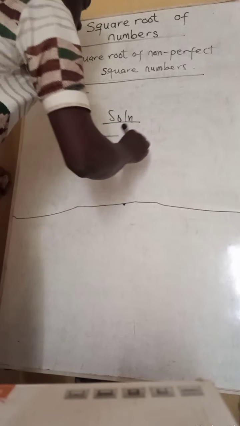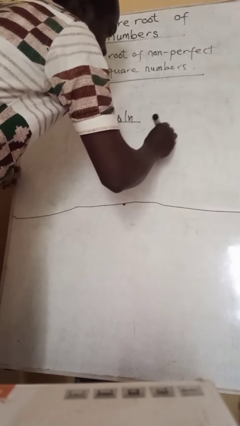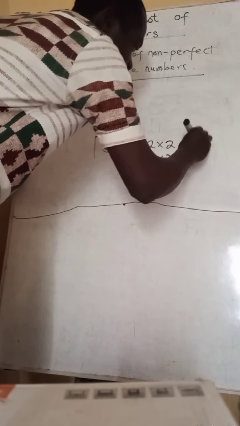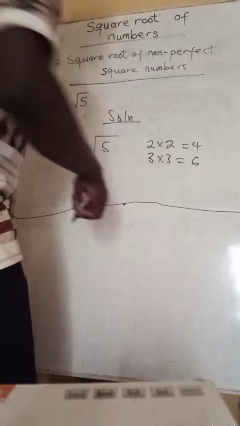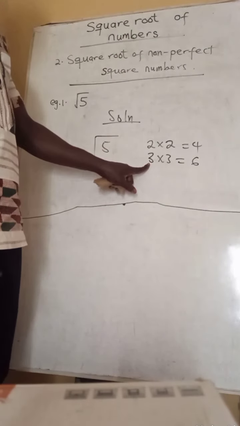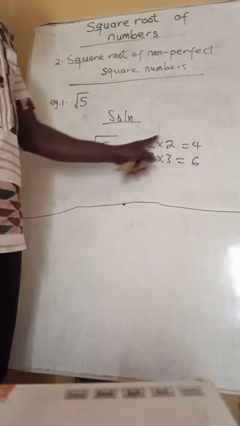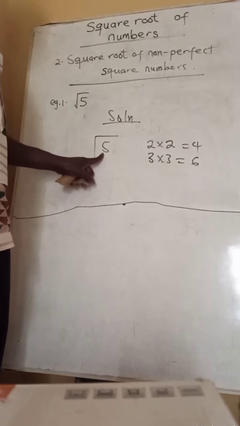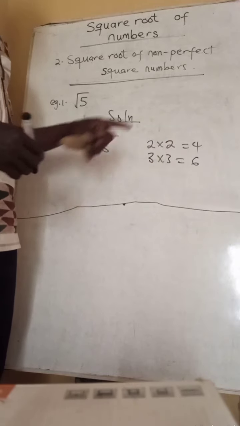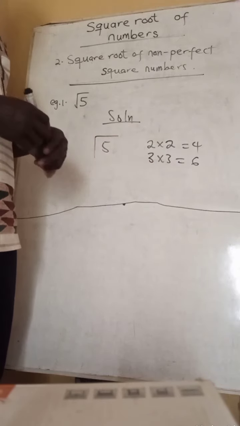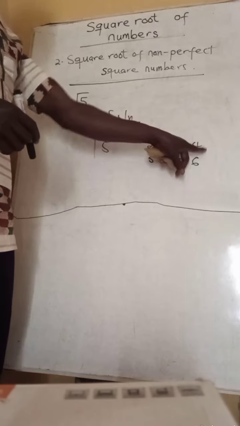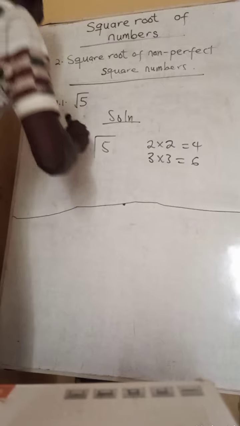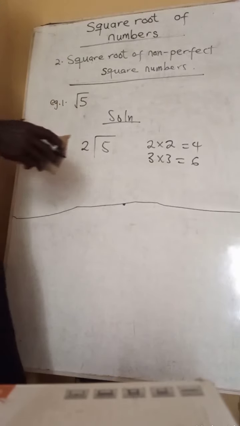So for example, the square of 2 will give you 4, the square of 3 yields 9. You realize that the square of 3 yields 9, the square of 2 yields 4. Which one is closest and less than 5? It's 4, and therefore we are going to use 2, which yields a number that is closer to 5. So we pick 2 as our divisor.